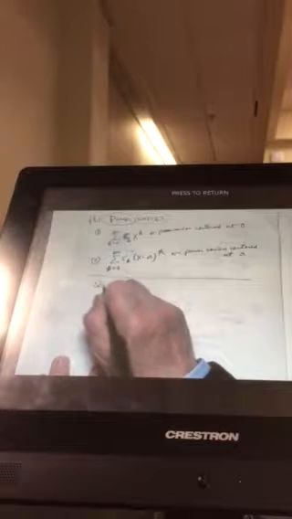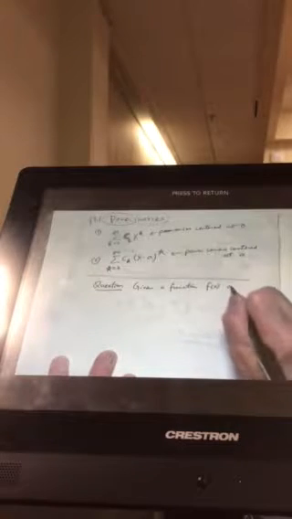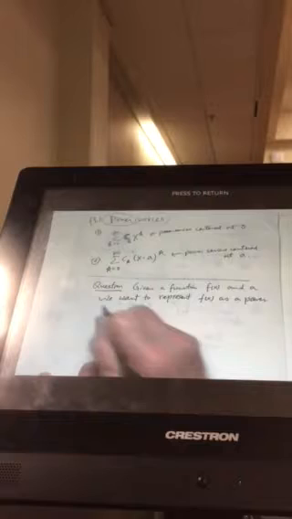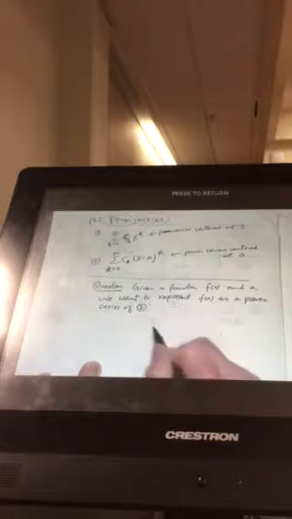So the question right now is, given a function f of x and a number a, we want to represent f of x as a power series of, say, these two forms.